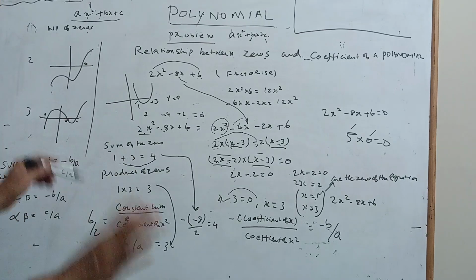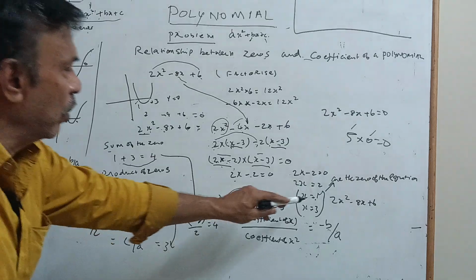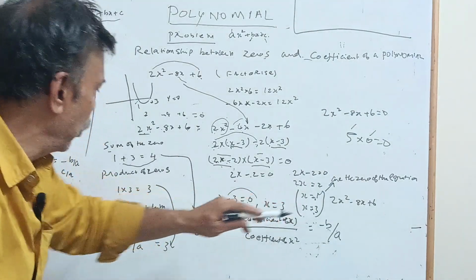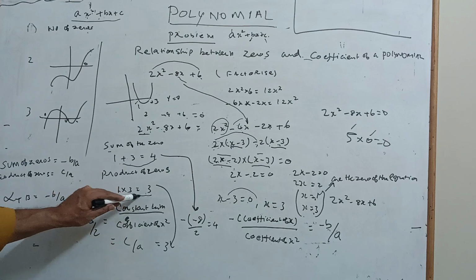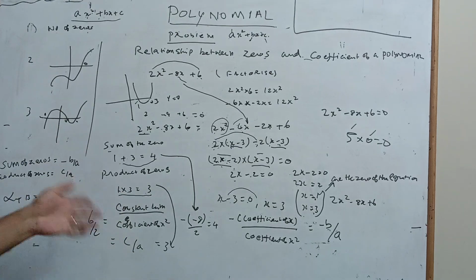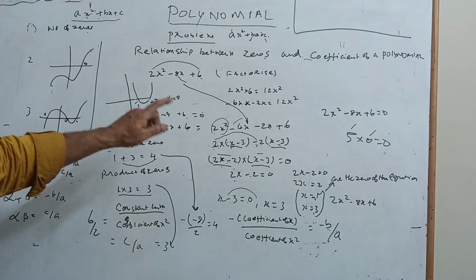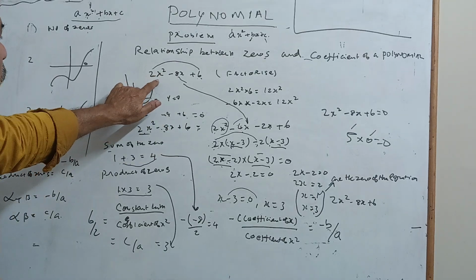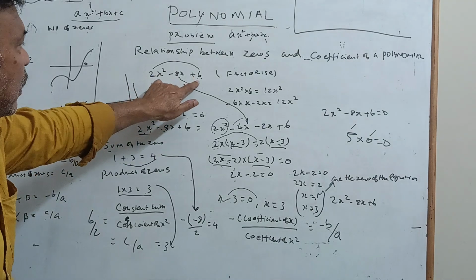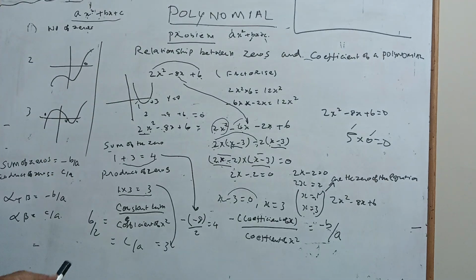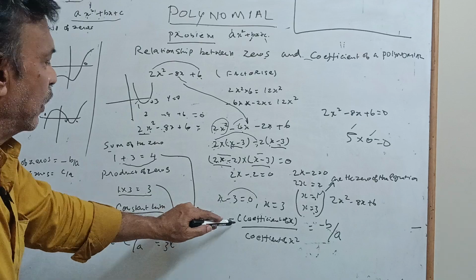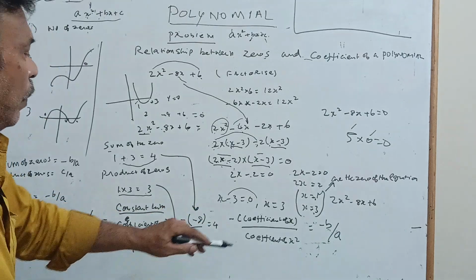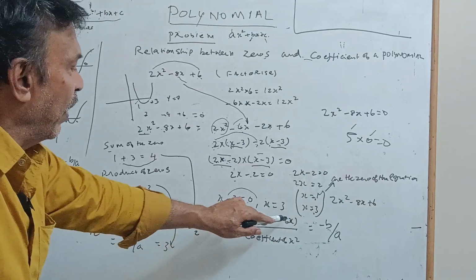Now the product of zeros, that is x is equal to 1 and x is equal to 3: 1 into 3 is 3. Let it be like this. Now you go to the equation 2x squared minus 8x plus 6 and write minus of the coefficient of x.